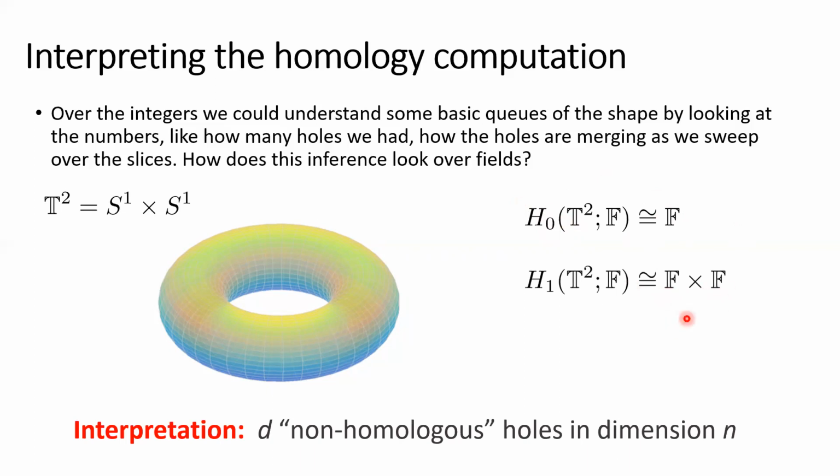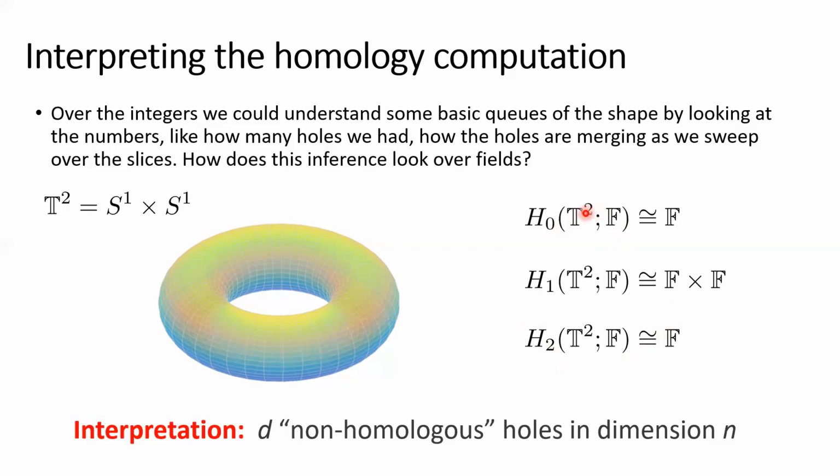So this is saying that we have 2 non-homologous holes in dimension 1. And what are the holes? Well, this is one of the holes, and then this is the other hole. If we now do H2, then we get a vector space of dimension 1, so we only have 1 copy of F. This corresponds to the 2-dimensional hole that the torus itself describes.